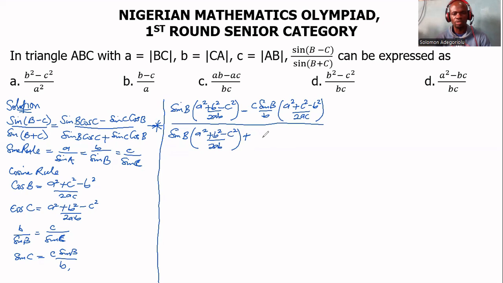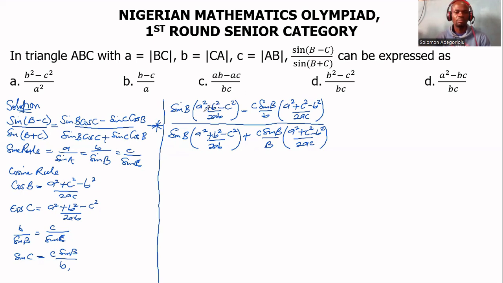That's C sine B over B. Then close the bracket. Then what is our cos B? This is our cos B here, which is A squared plus C squared minus B squared over 2AC. All right.